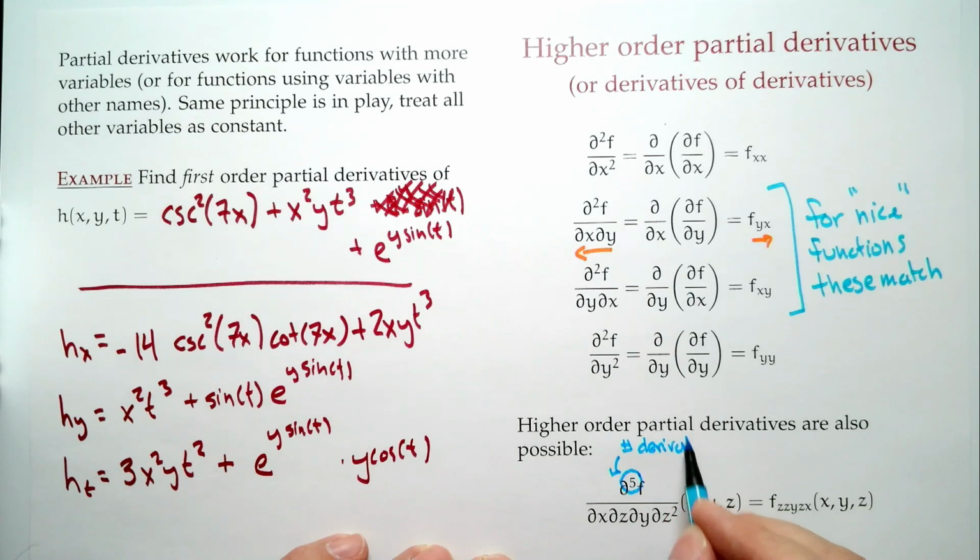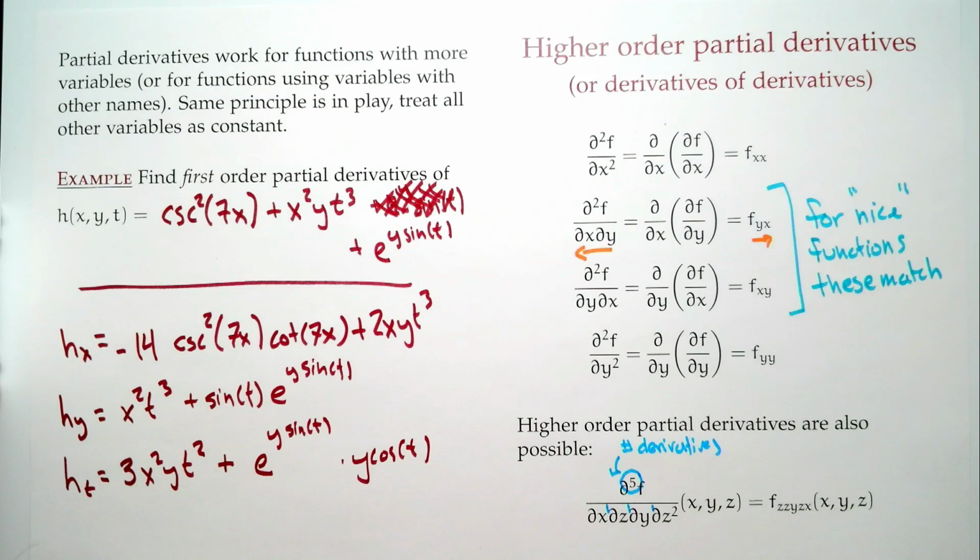So this is a fifth derivative. The exponents down below, it's really a 1, 1, 1, and a 2, tell you how many of each type. So this says, take 2 derivatives with respect to z, then a derivative with respect to y, then a derivative with respect to z, and then a derivative with respect to x. In that order. Now, of course, for most functions, it doesn't matter.